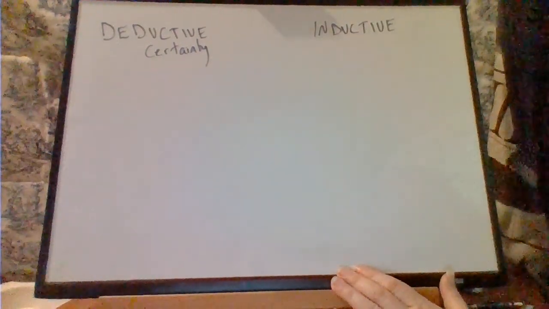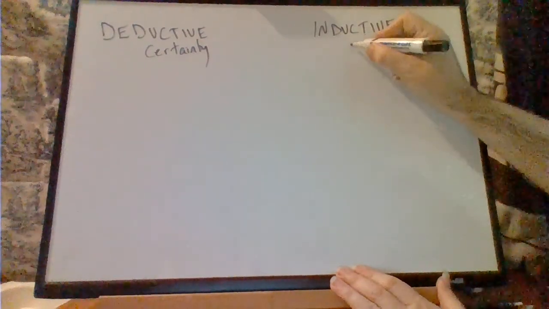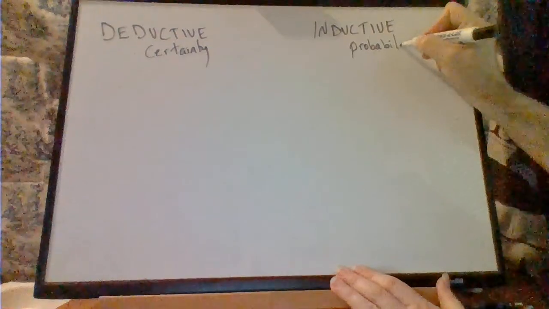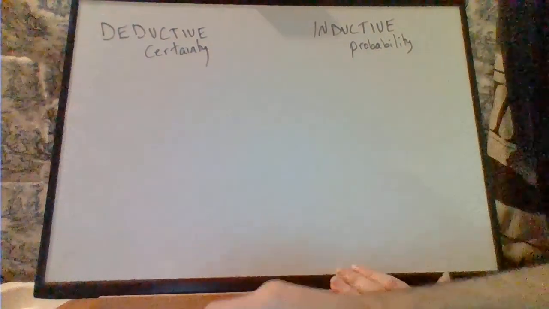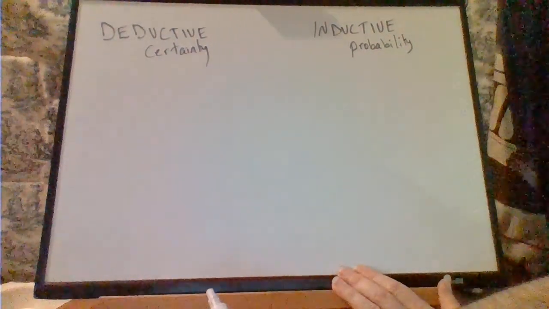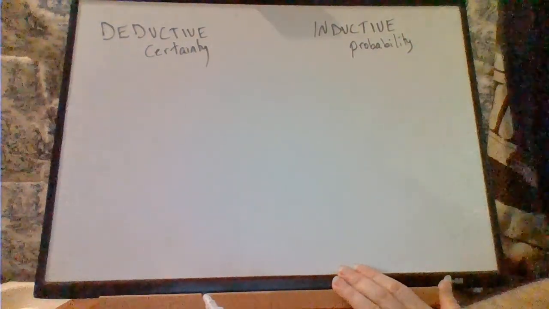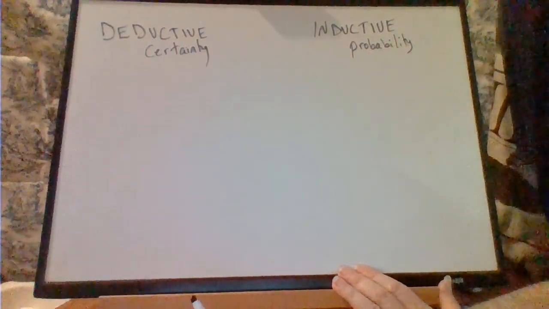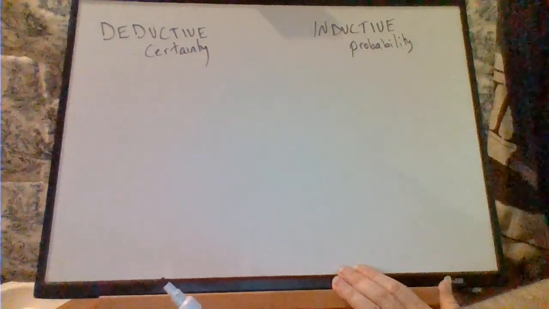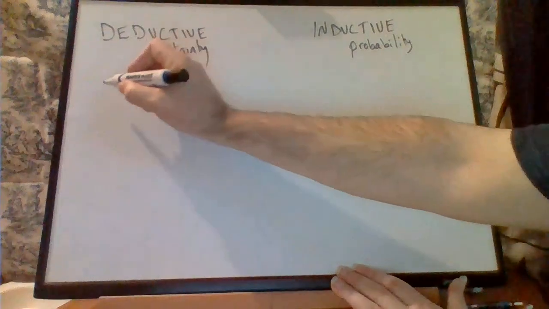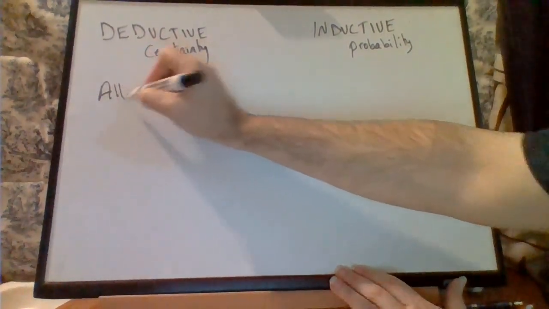With an inductive argument, you're dealing with probability. If the premises are true, there's going to be a certain likelihood that the conclusion is true or that the conclusion follows from it. But it's not certain. It's not absolute. I'll give you a couple examples here.